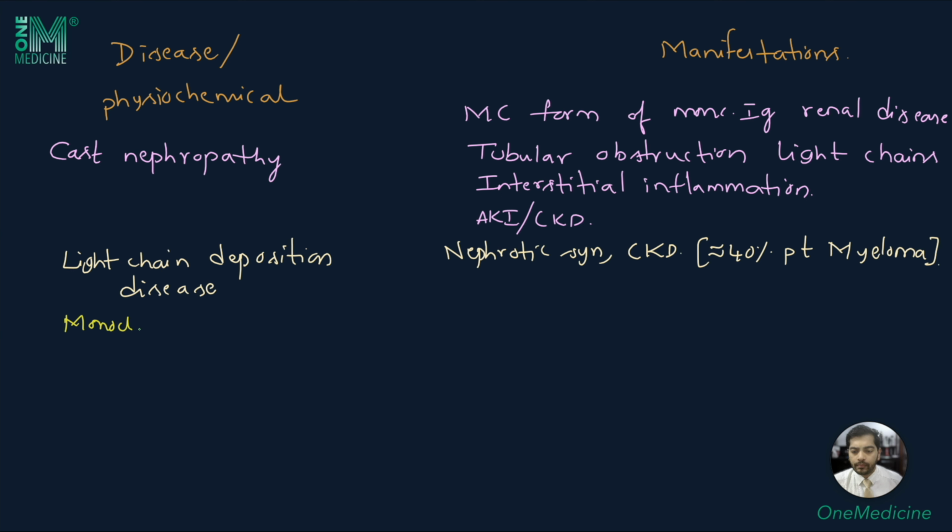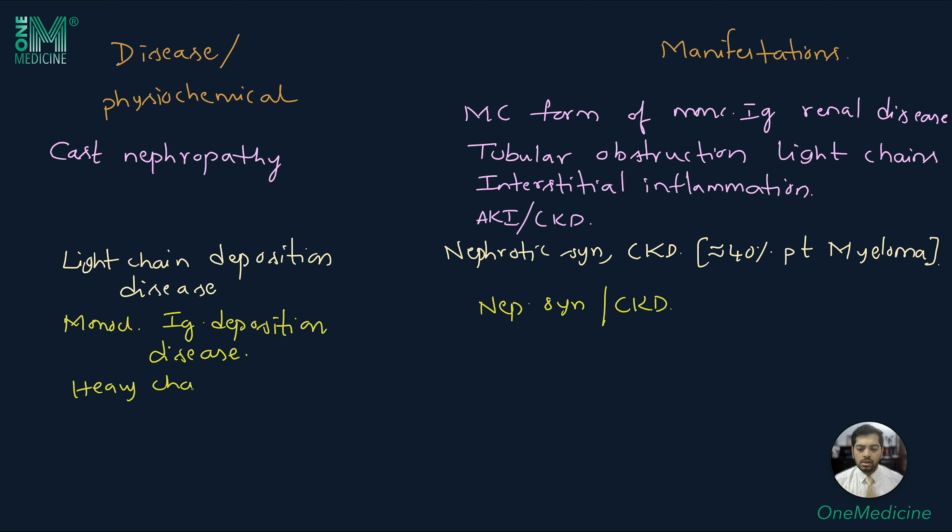Monoclonal immunoglobulin deposition disease can present as nephrotic syndrome and even chronic kidney disease. Heavy chain deposition can present as, again, nephrotic syndrome and chronic kidney disease.